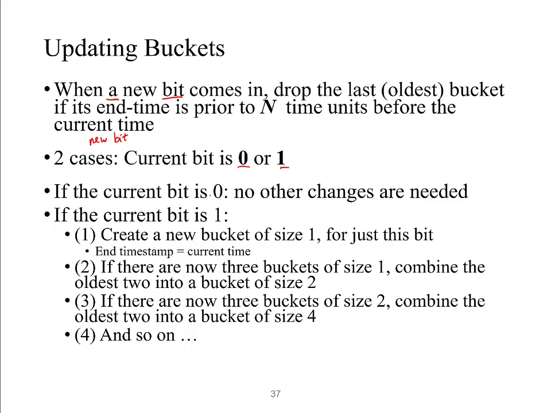So when a 0 bit comes in, the only thing we would possibly do is drop the last bucket. But when the coming bit is 1, then we will create a new bucket of size 1.